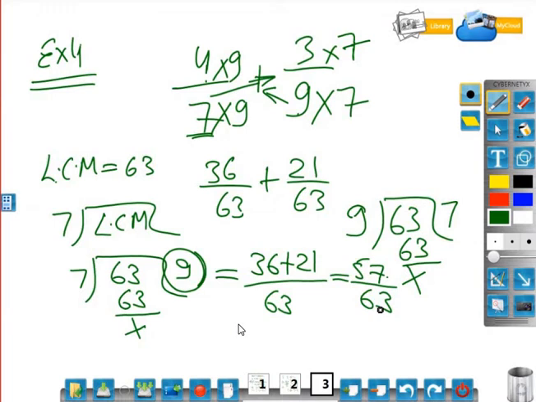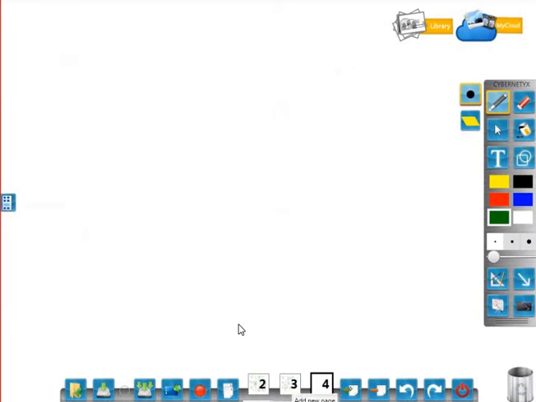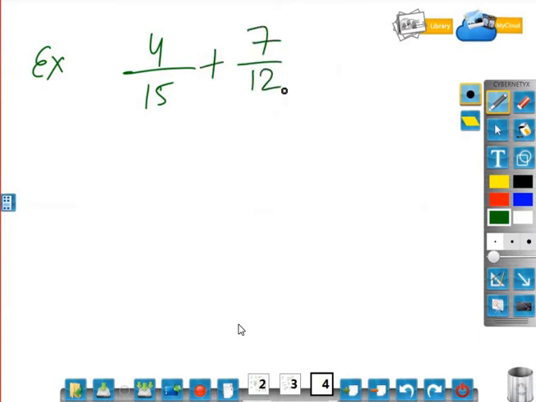Now we can take one more example. Then we will move to your exercise. For example, 4 upon 15 plus 7 upon 12. Now see, they are not co-prime. So we go for the first step, find the LCM.